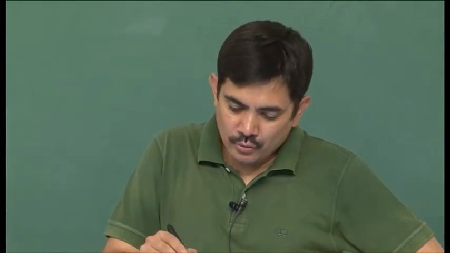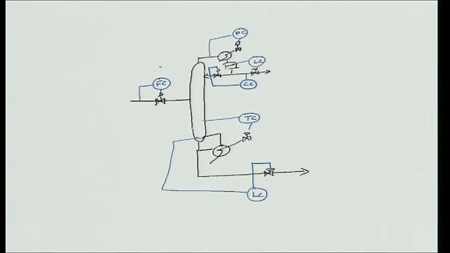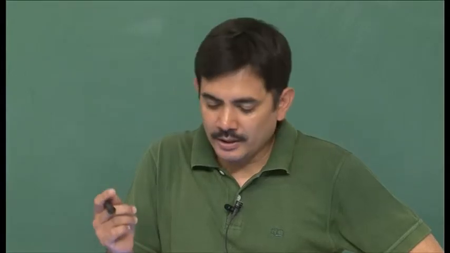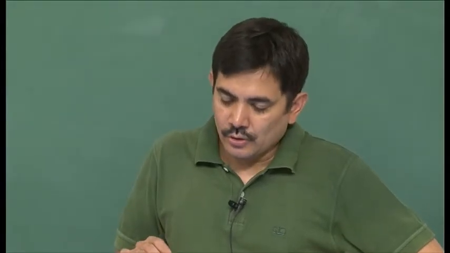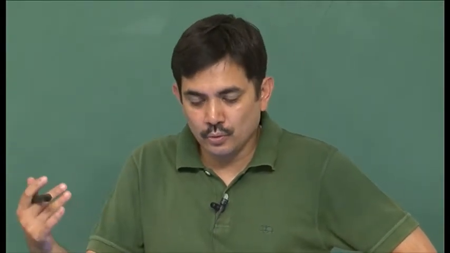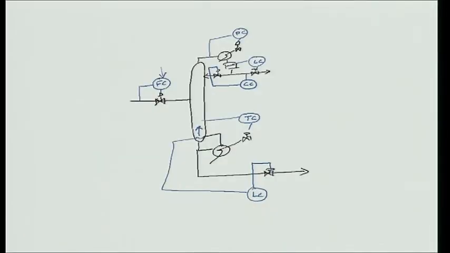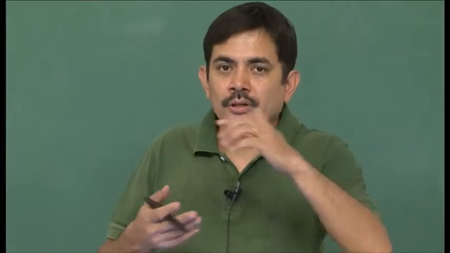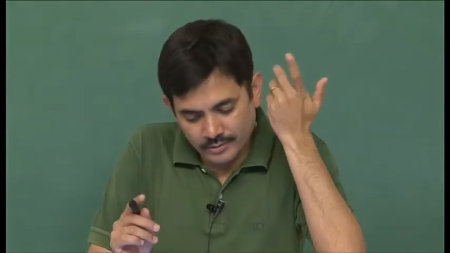Now, let us say the idea is to maximize throughput. If I want to maximize throughput, this flow into the column will increase, and as it is increasing, let us say the constraint that goes active is the column starts getting flooded. If the column is getting flooded, that means that you are putting in too much boil up, there is too much vapor traffic, and because of this vapor traffic, the liquid on the trays is not able to fall down, and therefore, the liquid starts getting stuck on the trays, and this is called flooding.